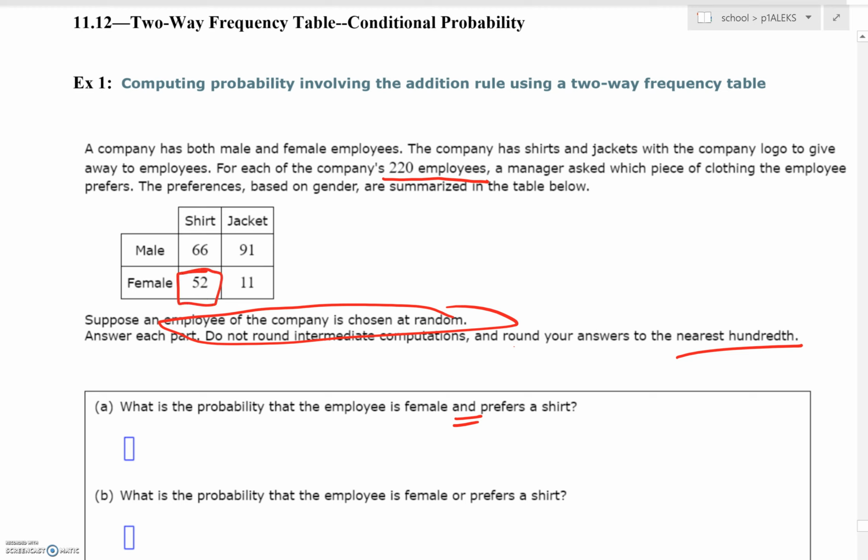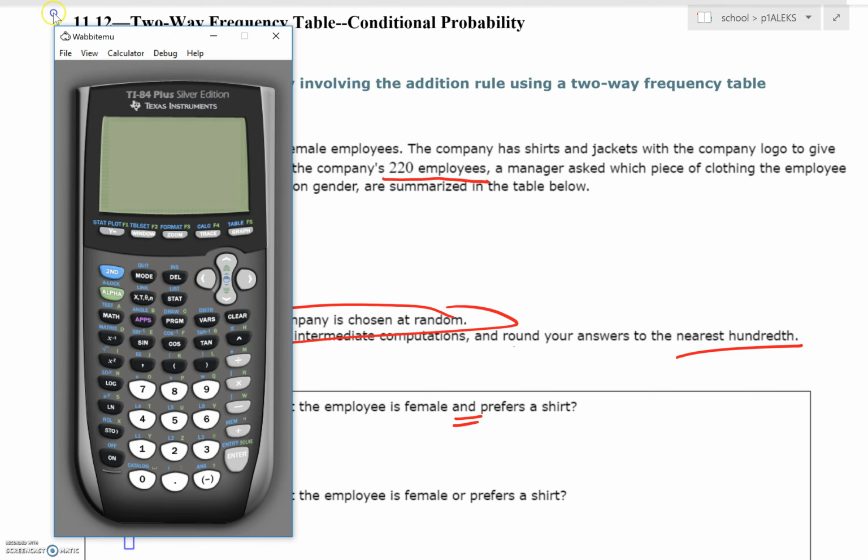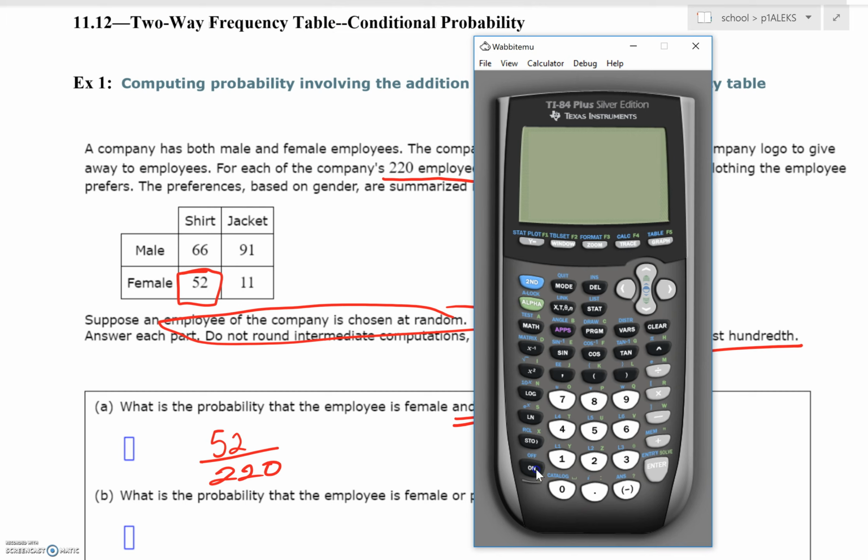And guys, that means both conditions must be met at the same time. There are 52 females who prefer a shirt out of 220. And this is where right now you go ahead and type this out into the calculator, 52 divided by 220, and you'll get about 0.24 when you round to the nearest hundredth.